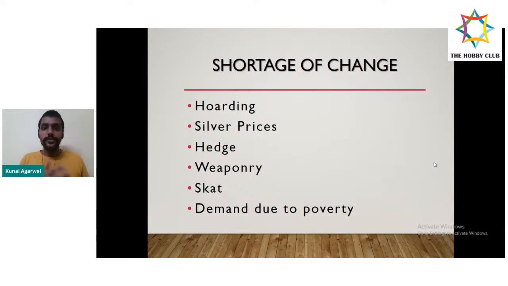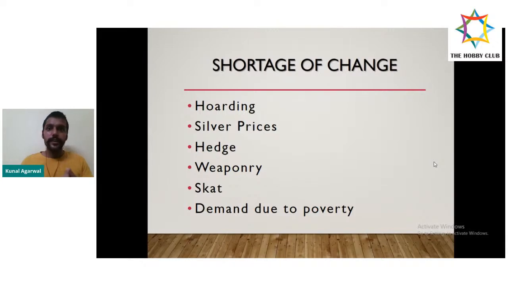So Germany could back its currency with gold, and it actually went high. So there was no reason for people to hold on to a piece of paper. At least with metal, if they could collect a large enough number of metallic coins, they could sell that as scrap and get some money out of it for the metal. So hoarding started. Silver prices, again, precious metals in general, there's a history that whenever there's a crisis, the prices for precious metals like silver start rising.